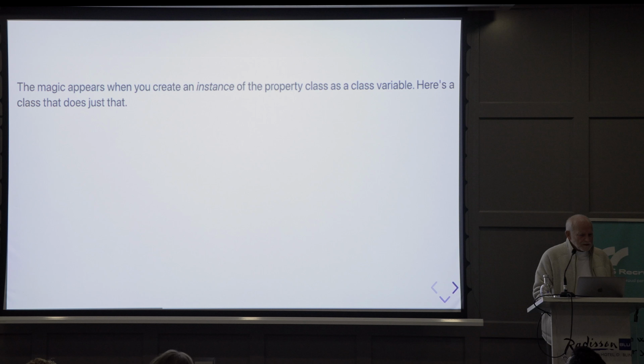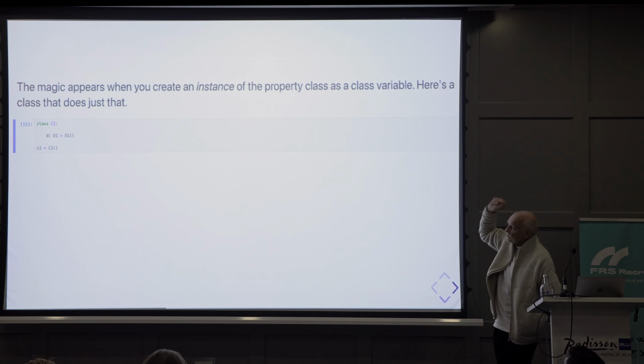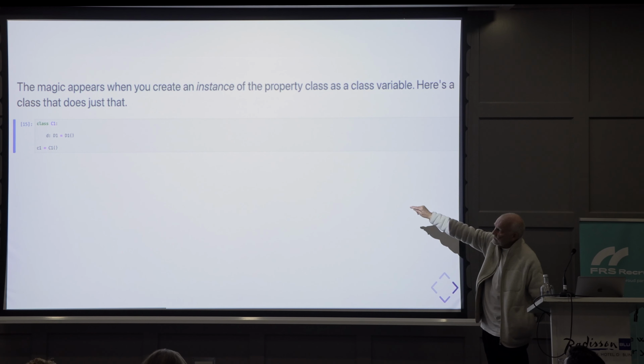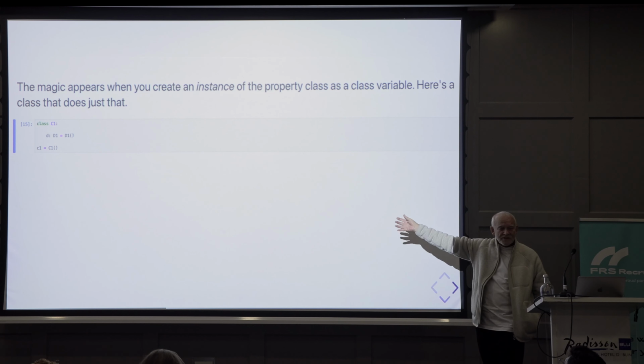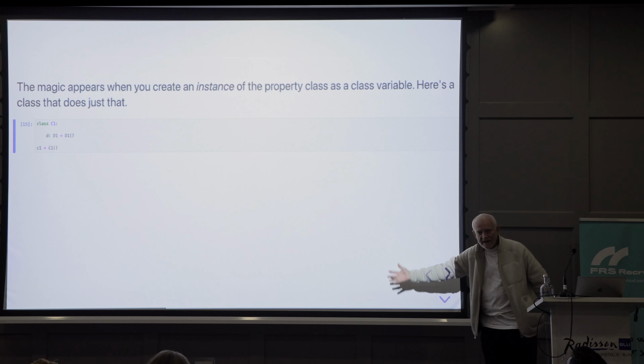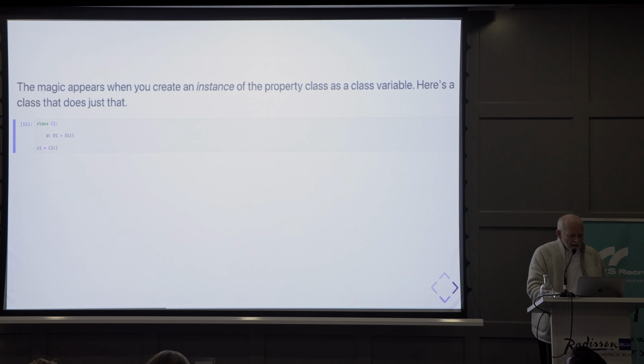So the descriptor protocol comes into play when you create an instance of the descriptor class as a class variable. So if I write a class, and we have a class variable called D, whose value is an instance of the D1 class I just showed you, in other words, an instance of a class that has a __get__ method.